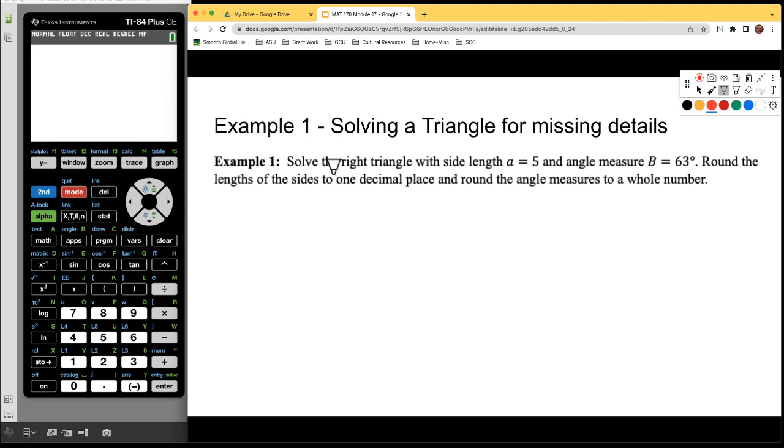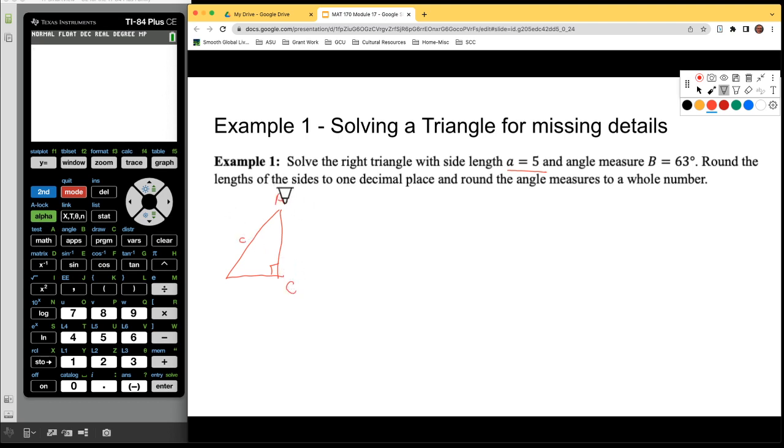So first, we want to solve a triangle. What that means is we want to get the sides we don't know. We're given two things that we do know. Little a is equal to 5. Draw a right triangle. And we start, usually this is going to be our big C, so this would be little c.